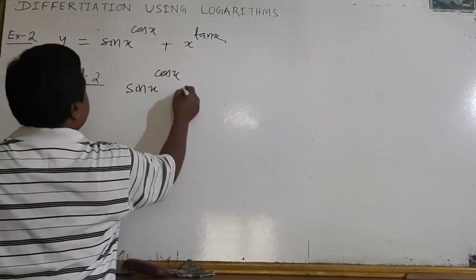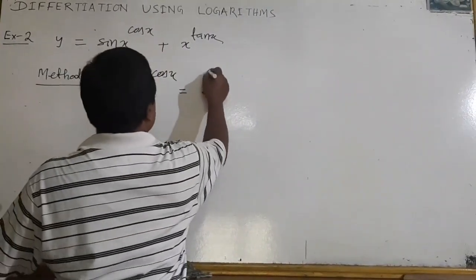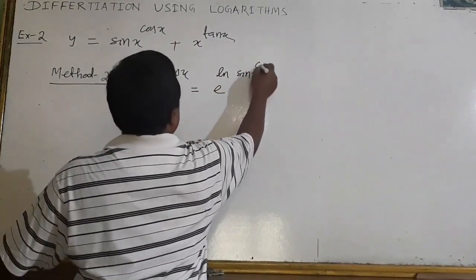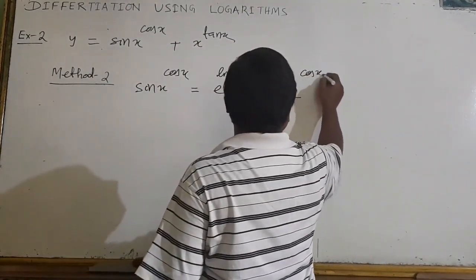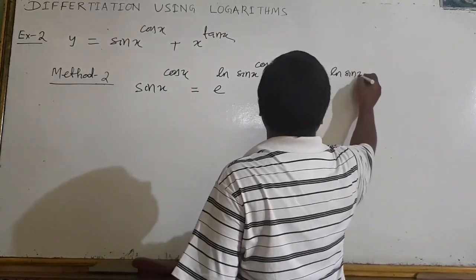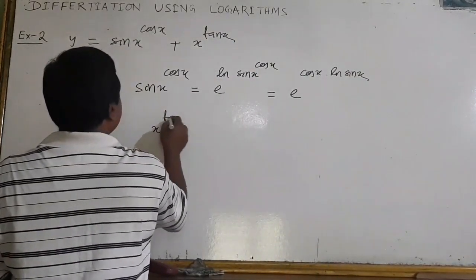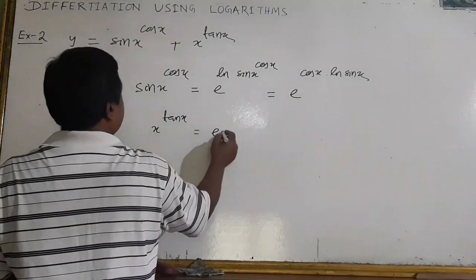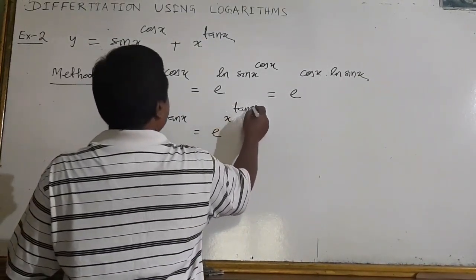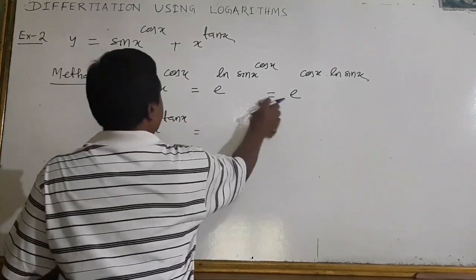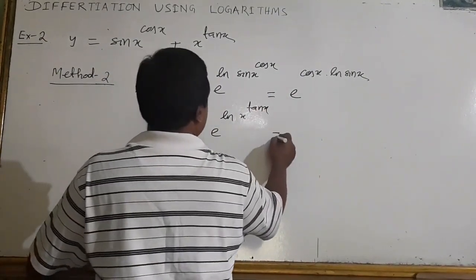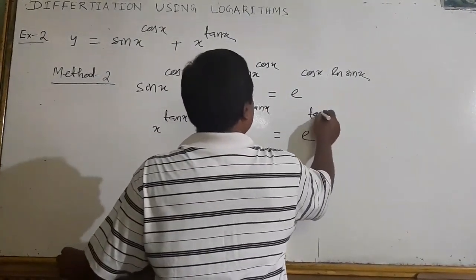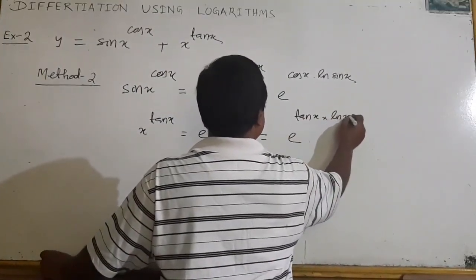Now sin x to the power cos x is equal to e to the power ln of sin x to the power cos x. It becomes e to the power cos x into ln sin x. And x to the power tan x is equal to e to the power ln of x to the power tan x, which becomes e to the power tan x into ln x.